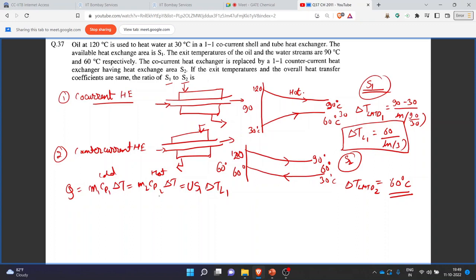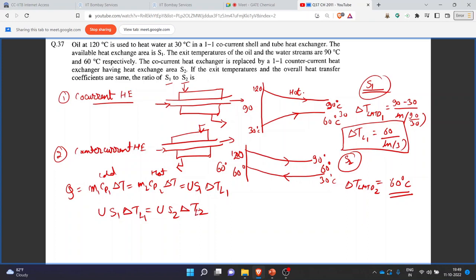So basically for both of these heat exchangers, the heat exchanged by either the hot fluid or cold fluid will remain the same for both the co-current as well as counter current scheme. So from that we can write U S1 delta T L1 is equal to U S2 delta T L2. So here it is log mean temperature difference delta T L1 and log mean temperature difference delta T L2.